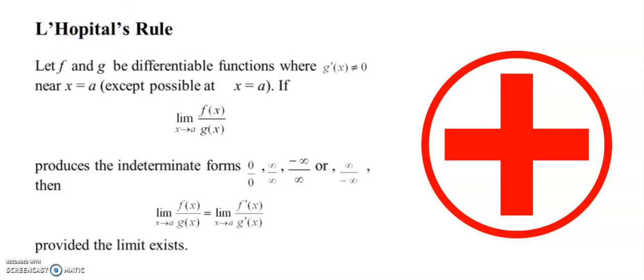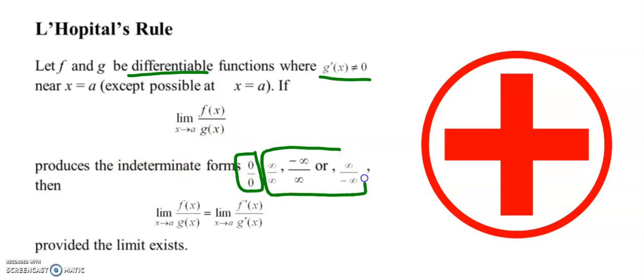So L'Hopital's rule is a rule that says if f and g are differentiable, so we have the ability to take their derivatives, and g prime is not equal to 0, okay, if we are looking for the limit as x goes to a of a function over a function, and we end up with 0 over 0, where we're used to keep going, or any form of infinities over infinities, which is really like when you have the functions that are racing each other, right?